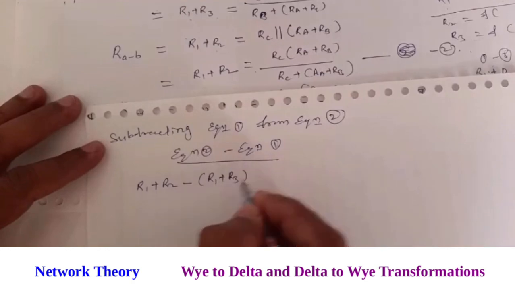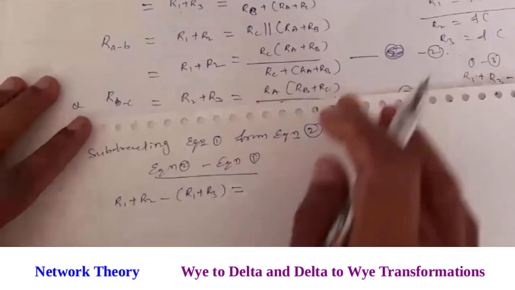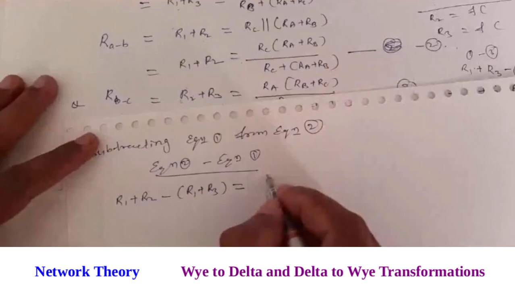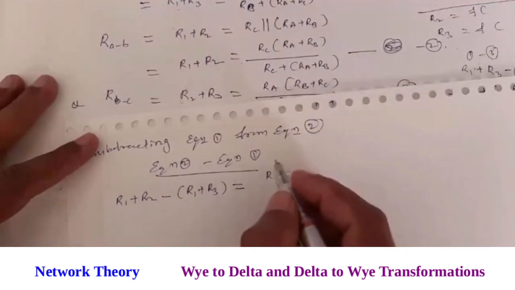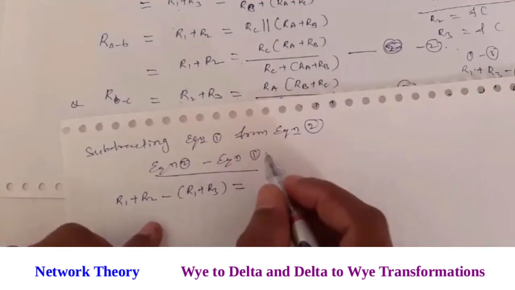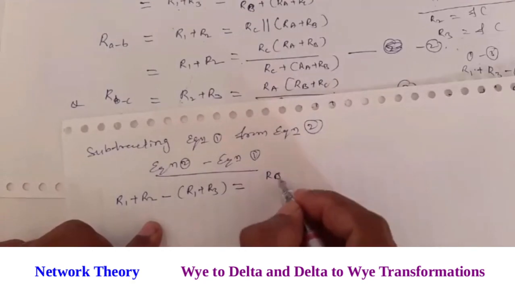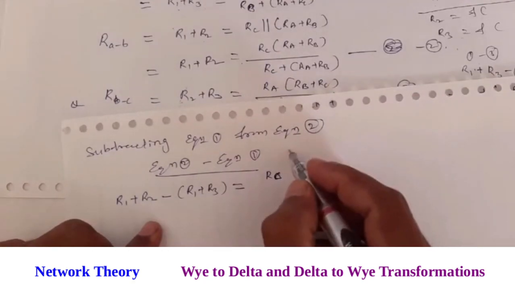Equation 2, R1 plus R2, minus equation 1, which is R1 plus R3, is equal to, here equation 2 is RC into bracket.